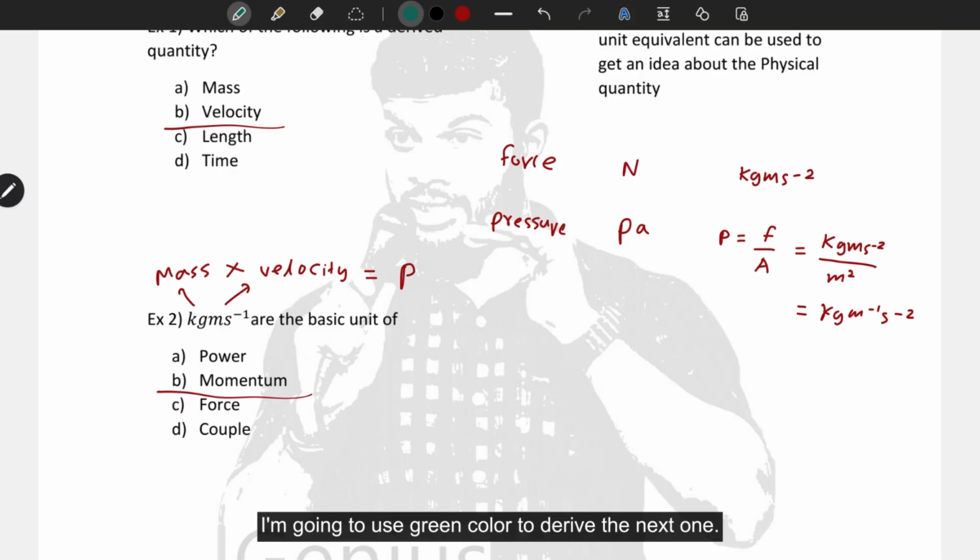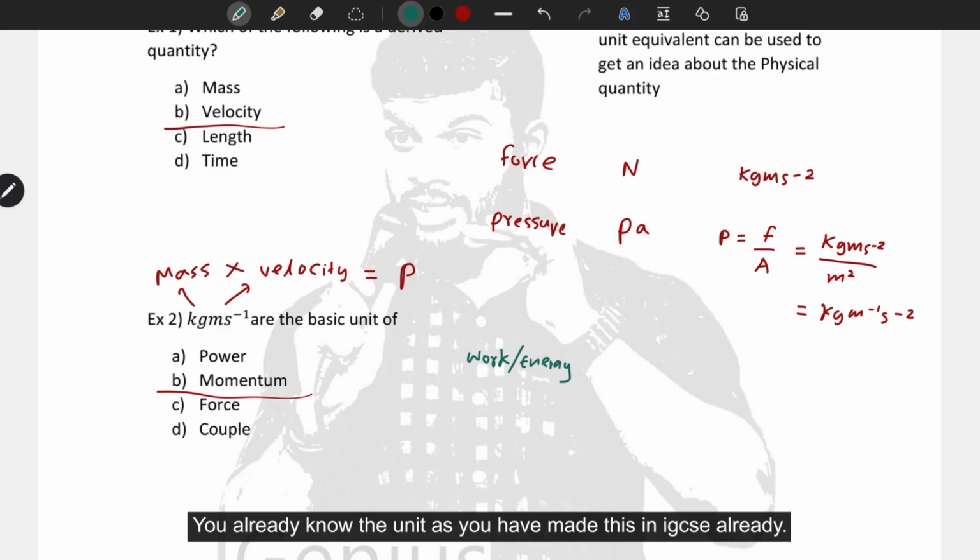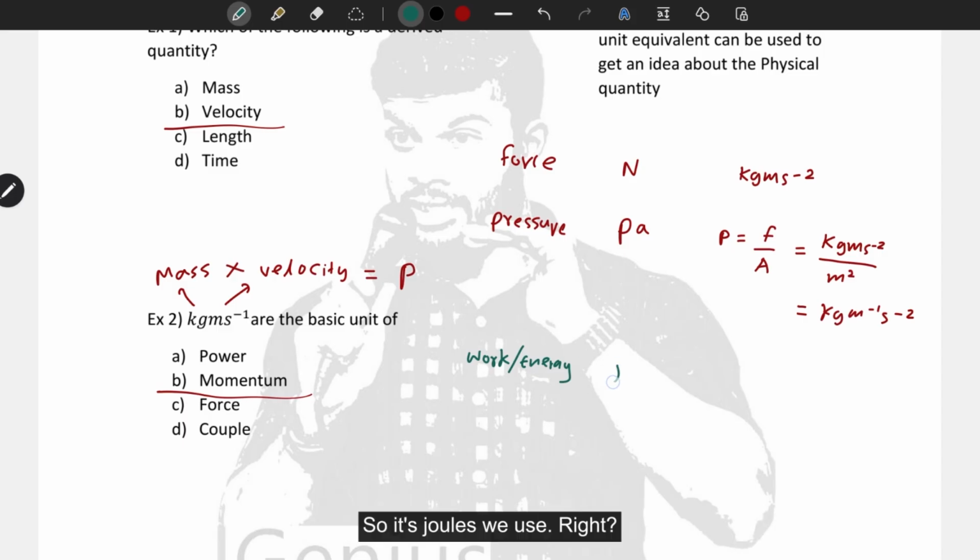What else? I'm going to use green color to derive the next one, which is our next special guy, work or energy. Work or energy, you already know the unit, as you have met this in IGCSE already. It's joules we use, right?